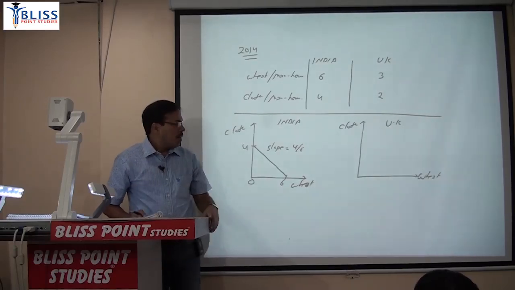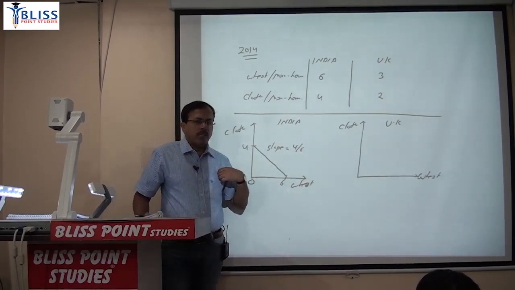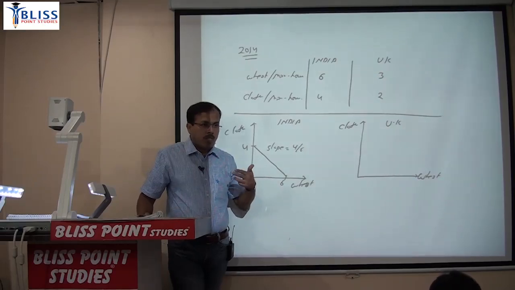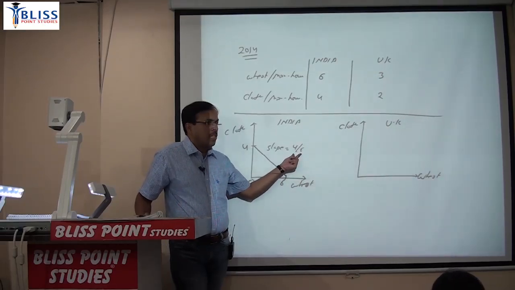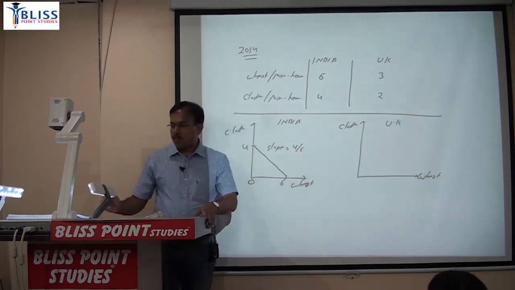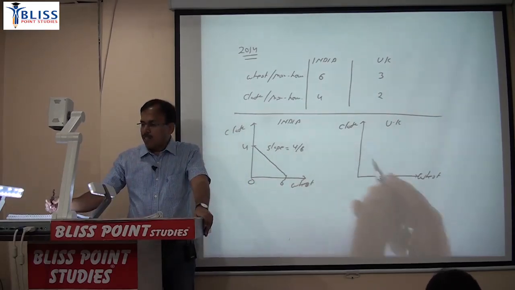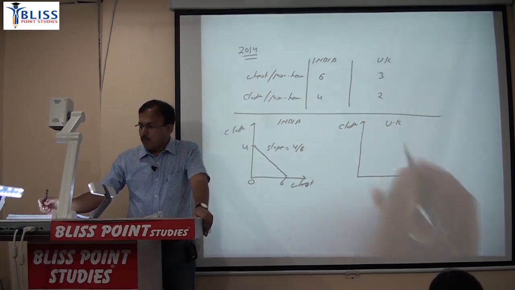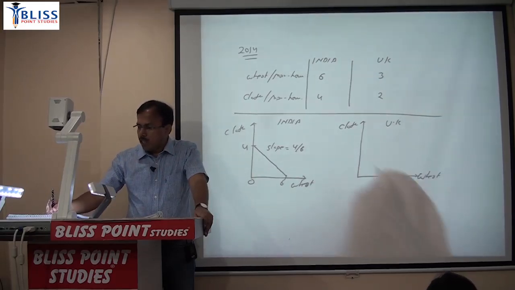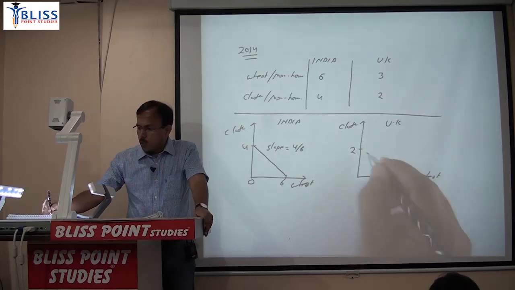And what does slope calculate? Opportunity cost. So what is the opportunity cost of wheat? 4 by 6. And how much is it for UK? Cloth is here 3 and here it is 2.